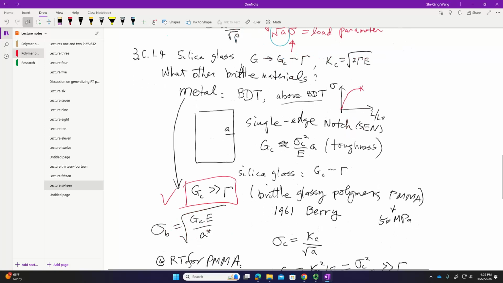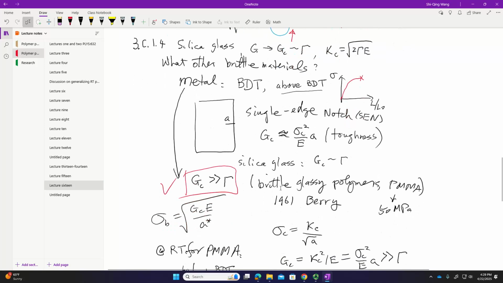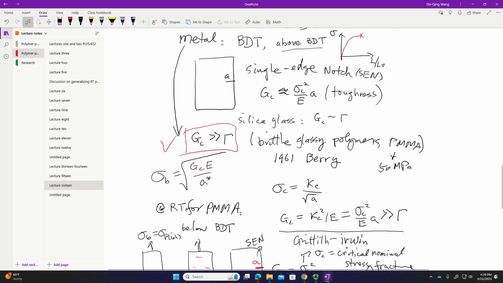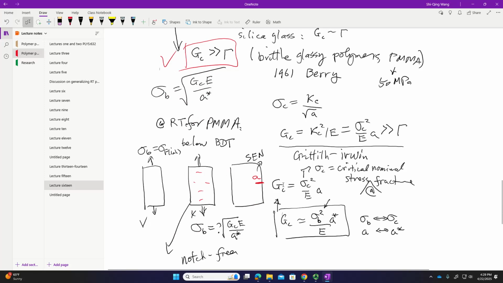I say this because I want to strike you and make you realize you become helpless. Because I just said, oh, then what is GC? This operational definition, which allows you to measure GC, does not tell you why GC is a constant and why GC has this magnitude. It does not.